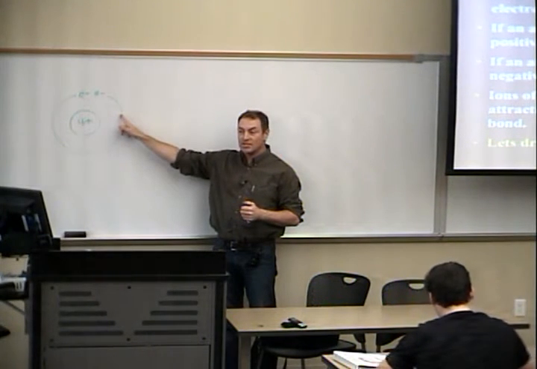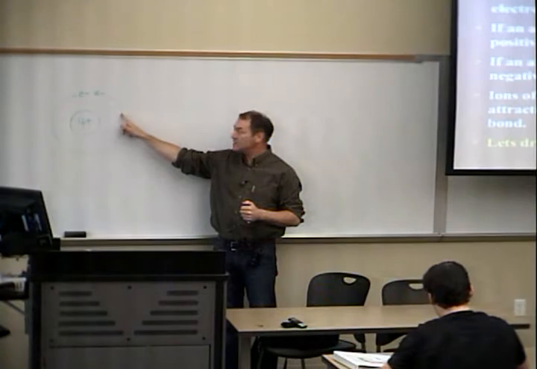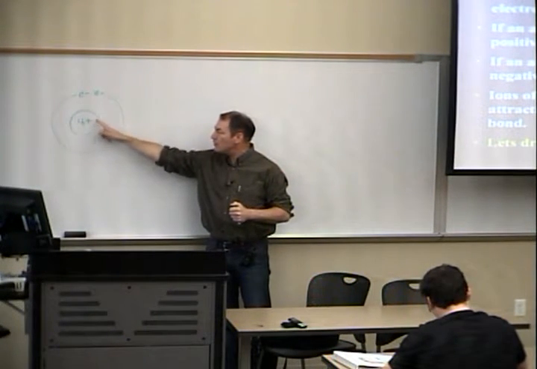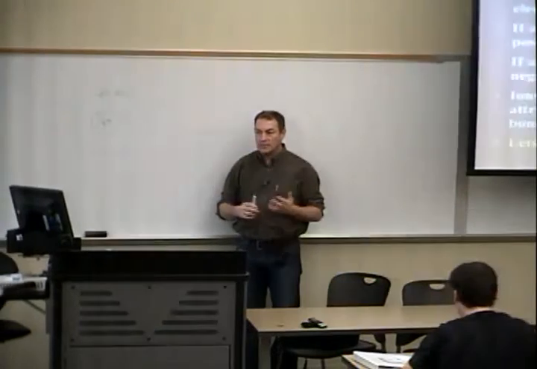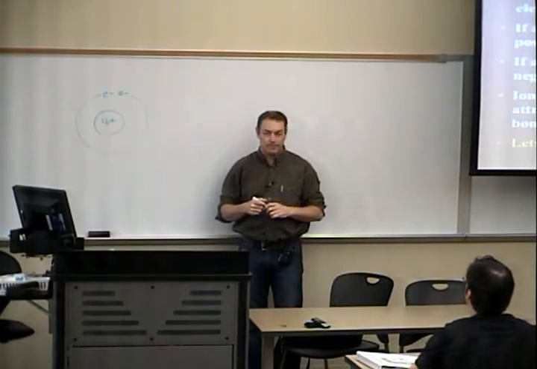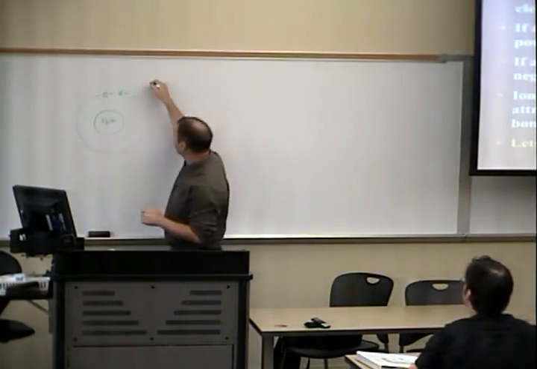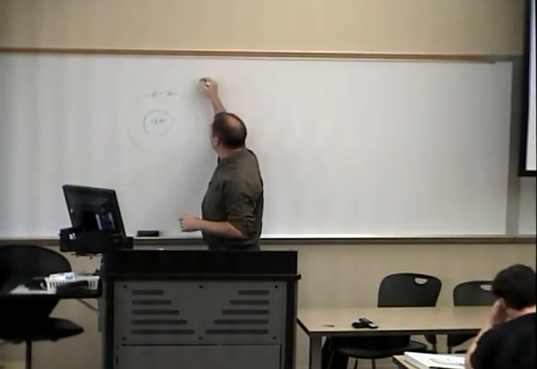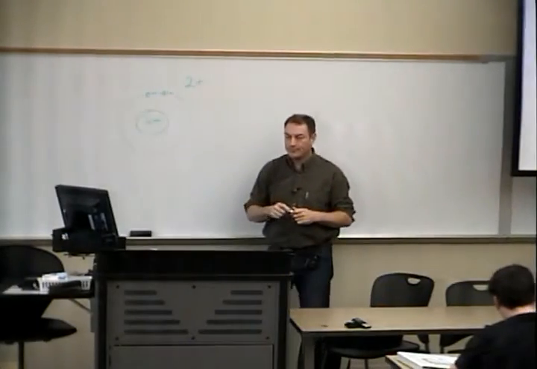And it's full with 2 electrons. But now we've got 4 protons and only 2 electrons. So what charge will this ion be? 2 plus. We can write that like that, or we can say 2 plus. Good?